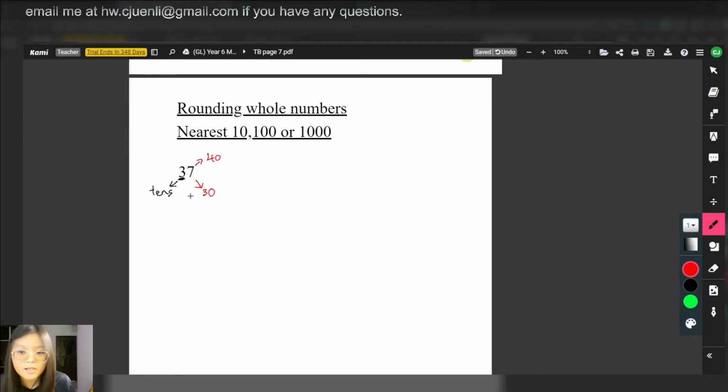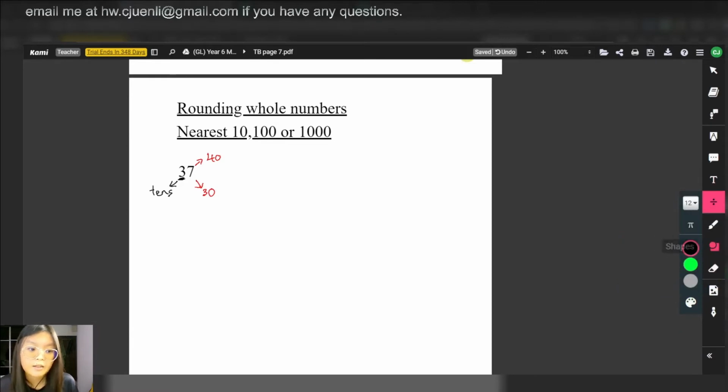So 37 is basically in between 30 and 40 in this case, right? So how do we know whether we want to round this number up to 40 or round it down to 30?